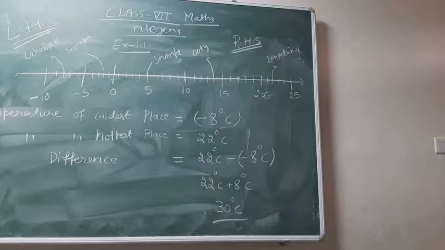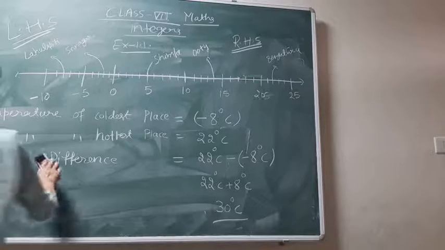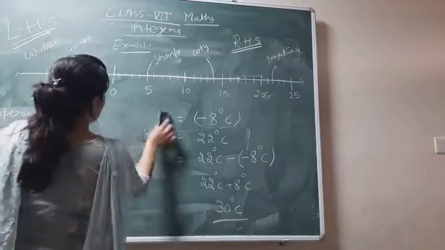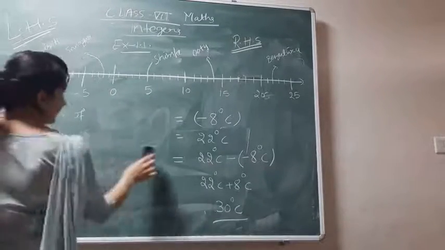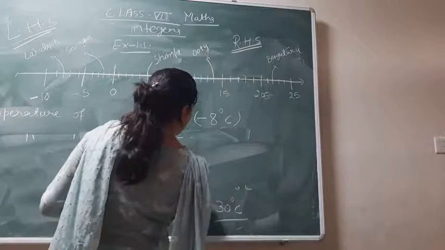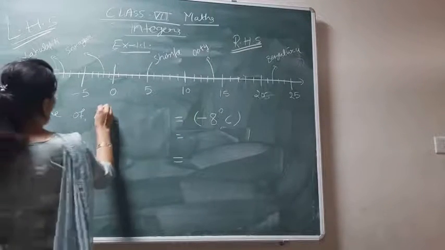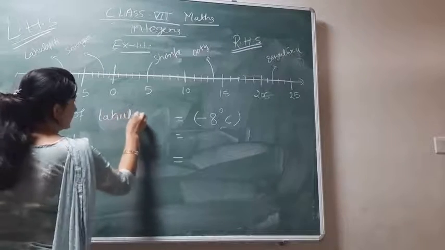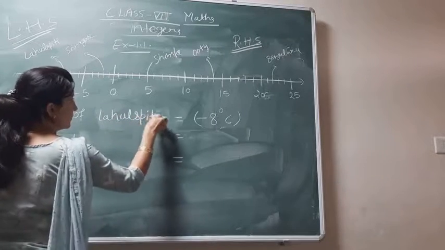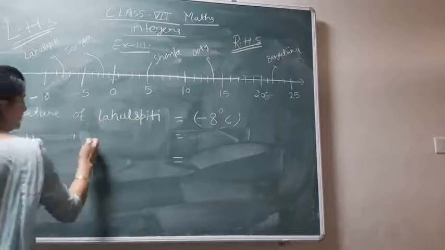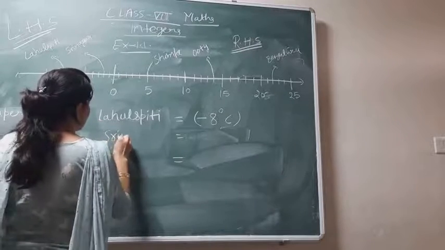Now C part is: what is the temperature difference between Lahul Spiti and Srinagar? So firstly we will write the temperature of Lahul Spiti and then the temperature of Srinagar, minus the temperature of Srinagar.